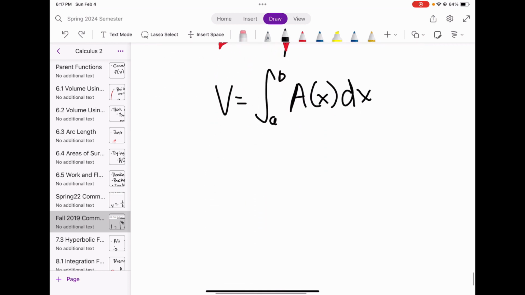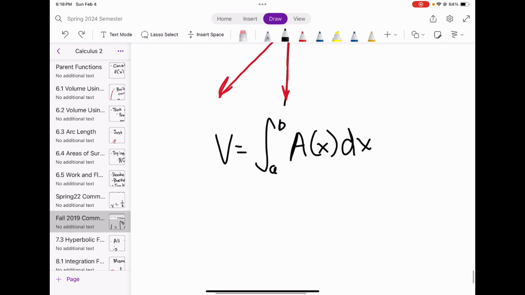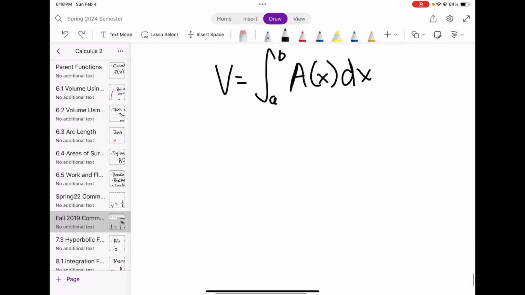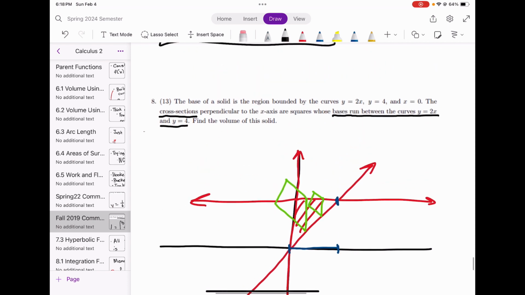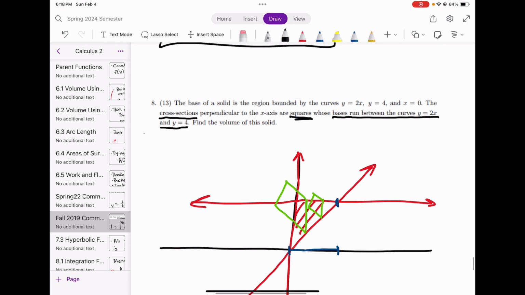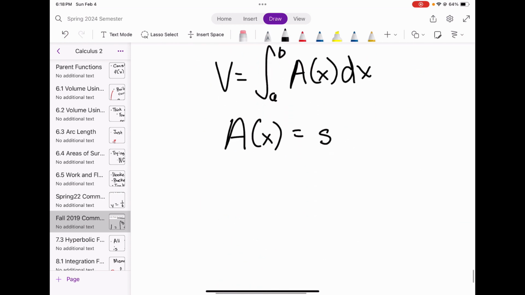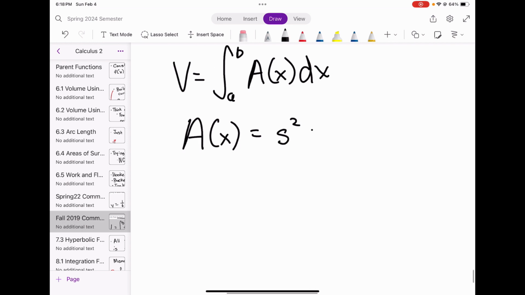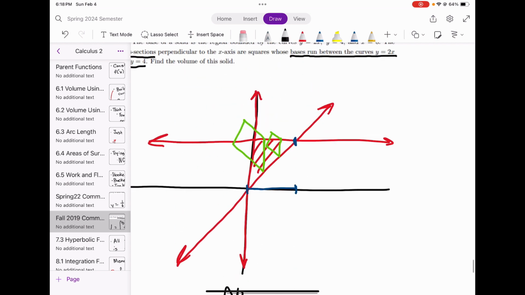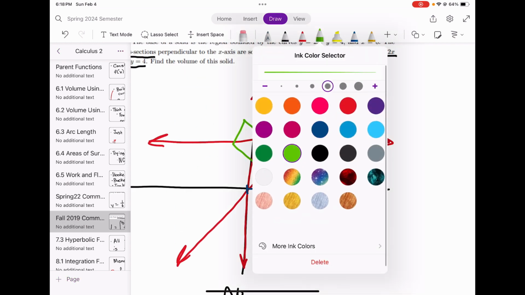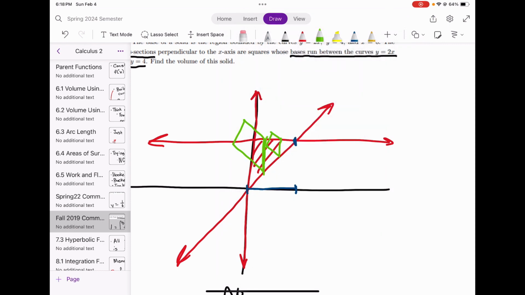So V is equal to the integral from a to b of A of x dx. I'm going to rewrite A of x down here because that's what I want to use. And we're told that it's squares. So the area of a square with side s, I'm just going to write s squared. And the base of this square is this difference over here.